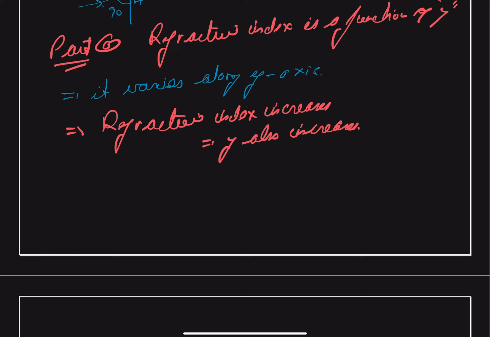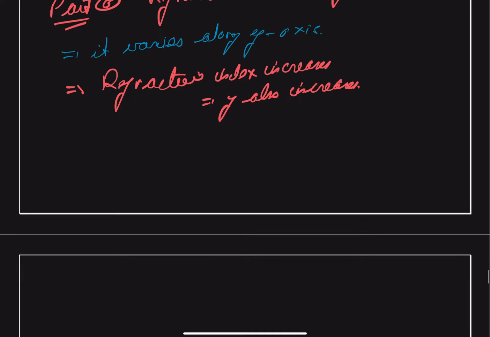So therefore, we can say that the ray of light is traveling from the rarer medium to the denser medium, and it will be bending toward the normal. The shape we can finalize later on, it's not a big issue.